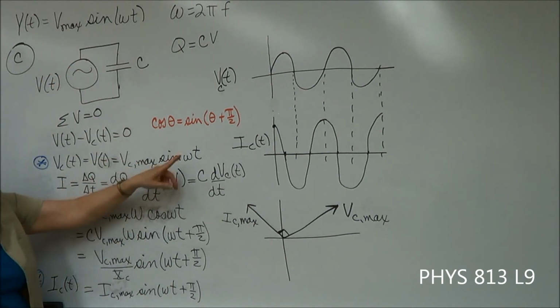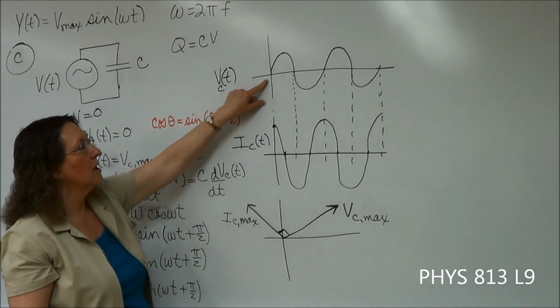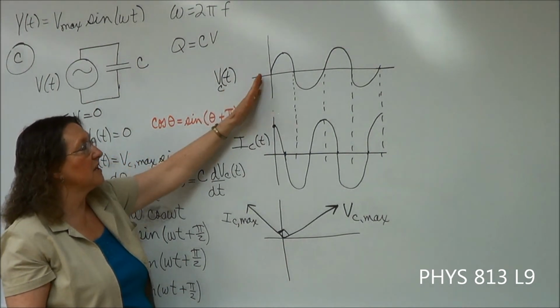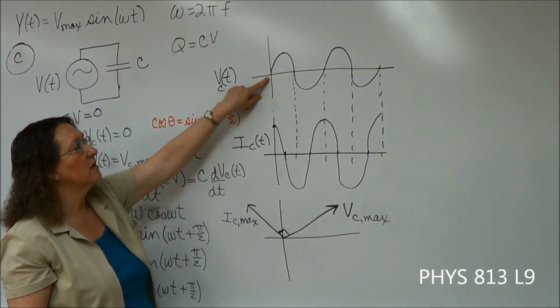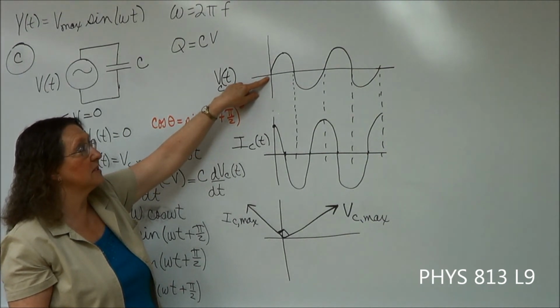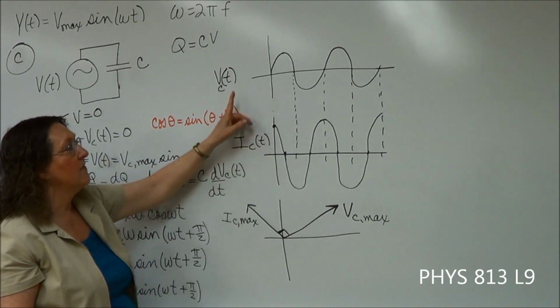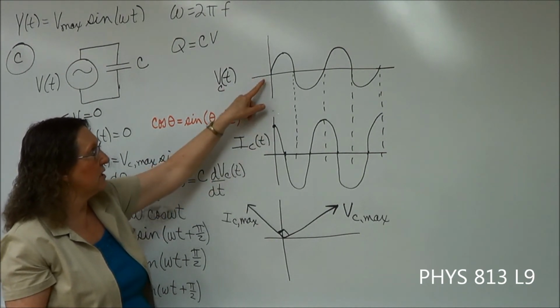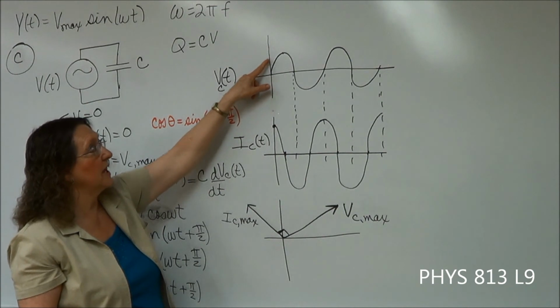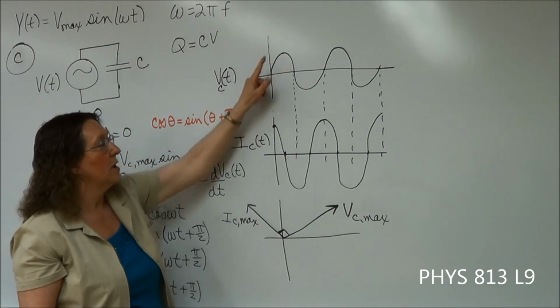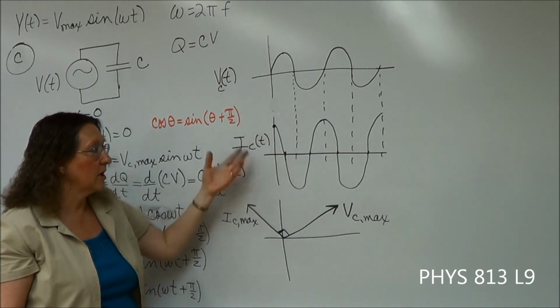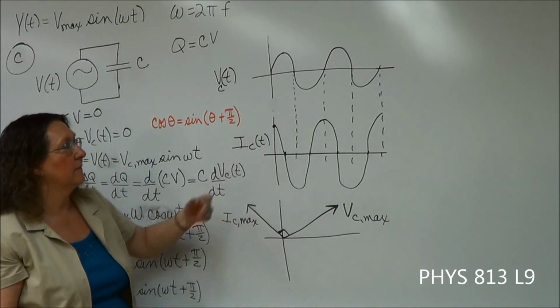So that's what you can look at here. You could think of this as closing the switch. The voltage across the capacitor is 0, but the current is a maximum. And then after the capacitor gets charged, there's no more current because the charges are not moving.